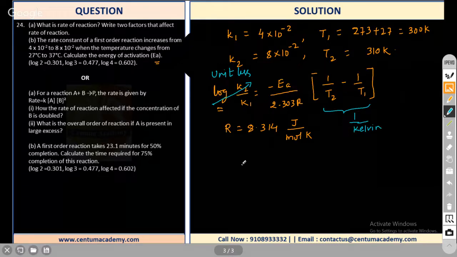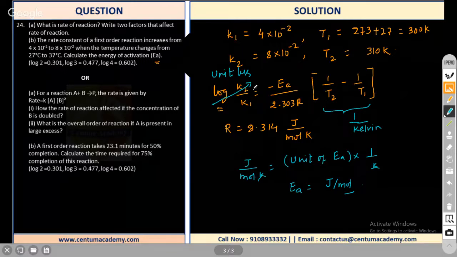So we'll have the unit of R here, which is nothing but joule per mole Kelvin, equal to the unit of EA into 1 by Kelvin, correct? This and this will get cancelled. So the unit of EA will be joule per mole, right? So don't miss this. You will lose 1 mark if you make any mistake in unit. Don't make these mistakes.